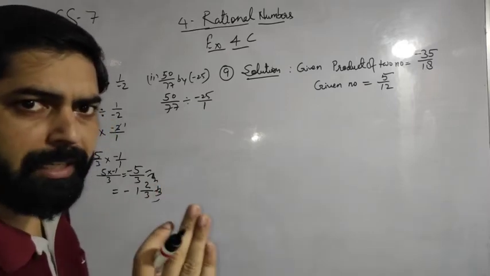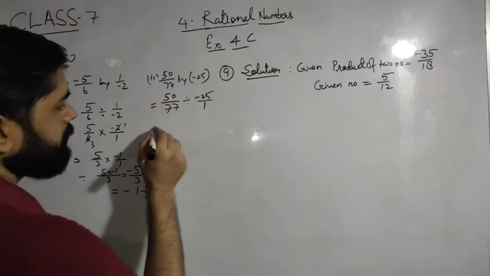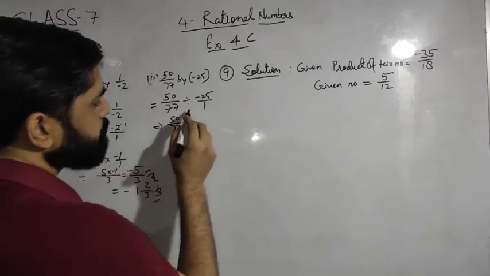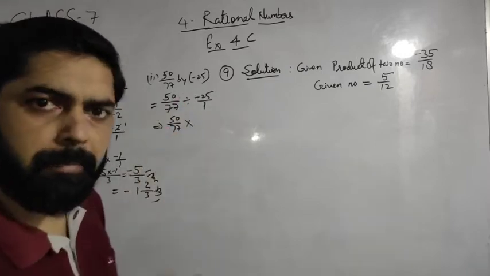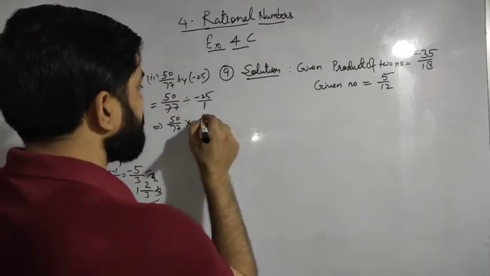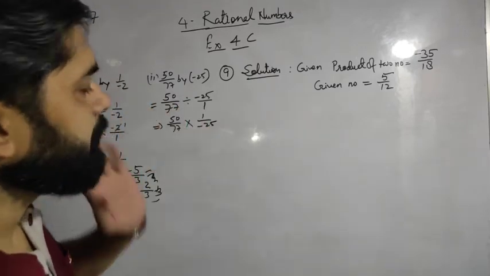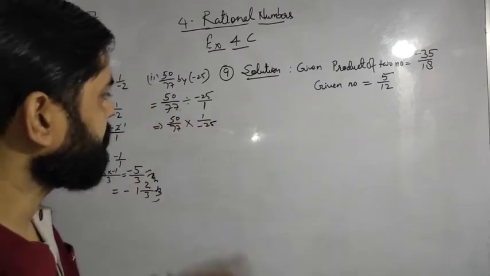Understood? How we can write? Okay, then 50 upon 77 multiply, then the reciprocal of 1 upon 25 upon 1. This is 1 upon 25.